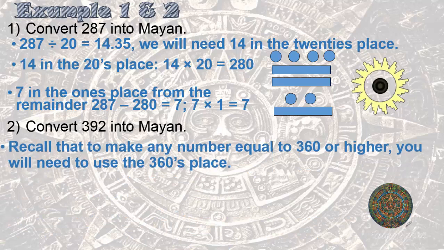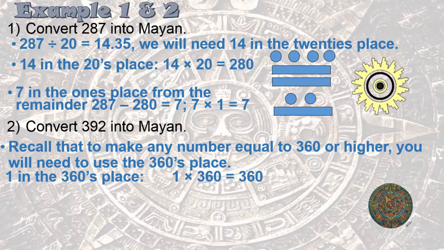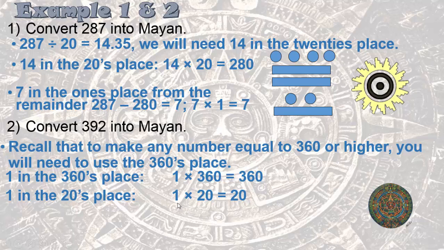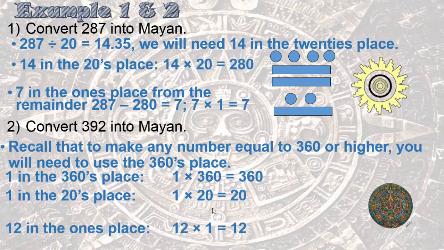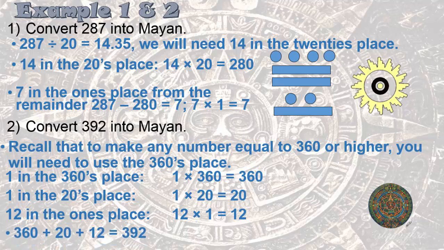Now recall that to make any number equal to 360 or higher, we need to now use a 360s place. So we put 1 in the 360s place. 1 times 360 is 360. We put a 1 in the 20s place. 1 times 20 is 20. And then finally 12 in the ones place, because 12 times 1 is 12.